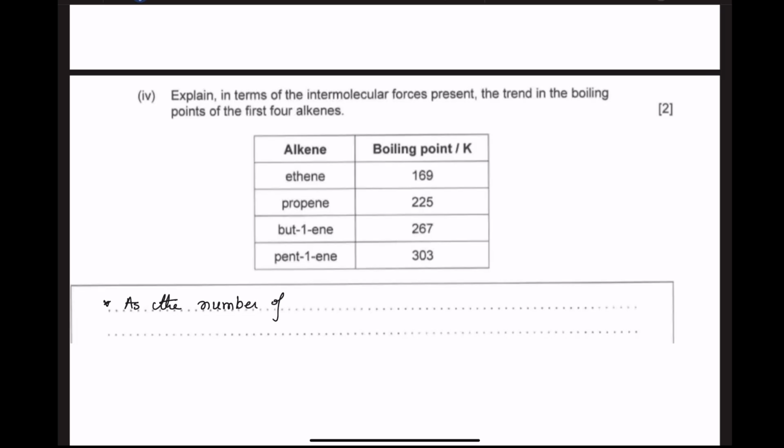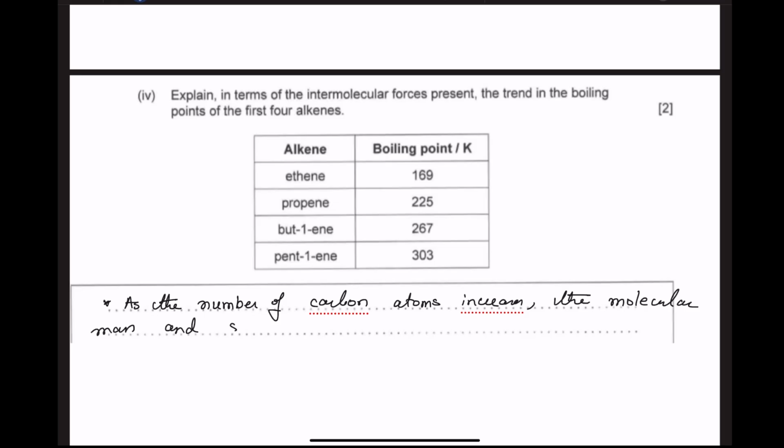As the number of carbon atoms increases, the molecular mass and surface area of alkenes will also increase.